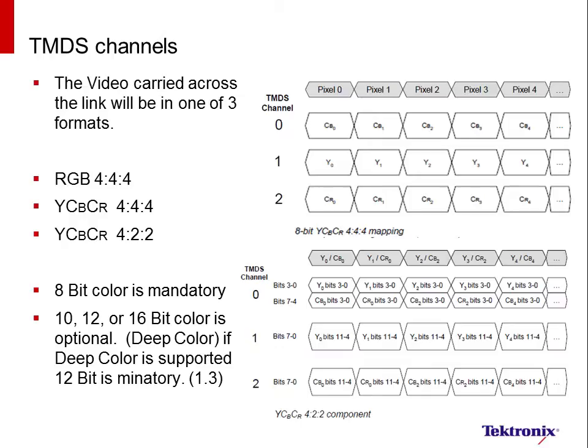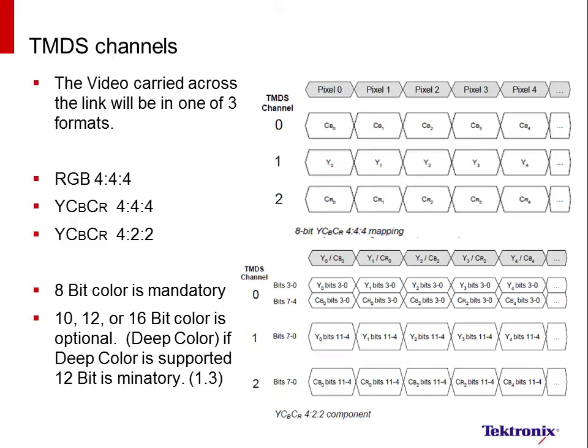If the data happens to be YCbCr 422 data, then the transmitter uses a channel pack type of approach where it packs the data in the three channels in a very unique arrangement.